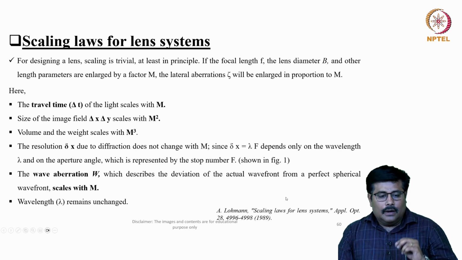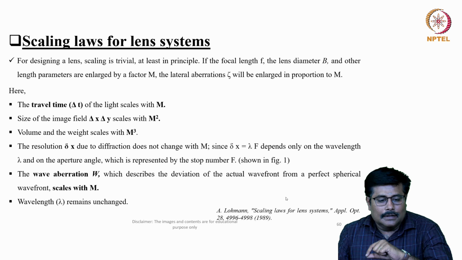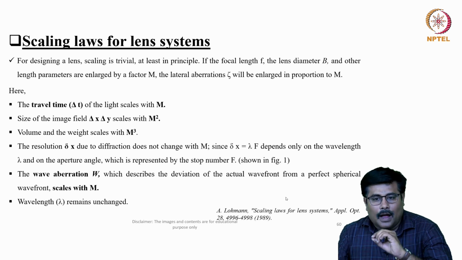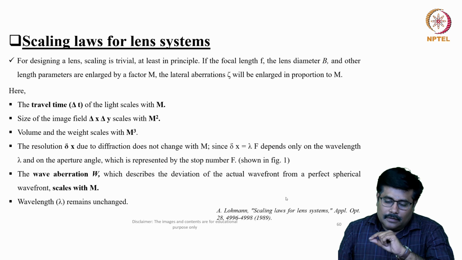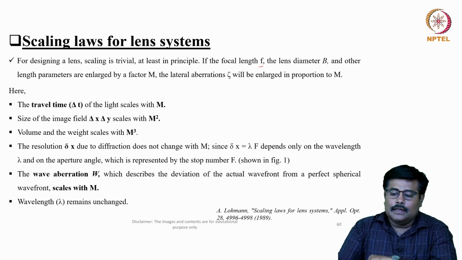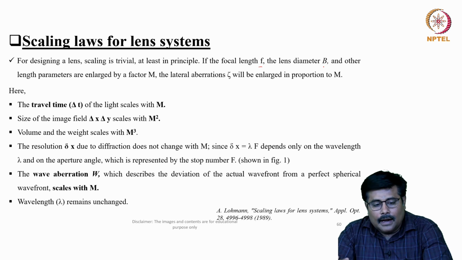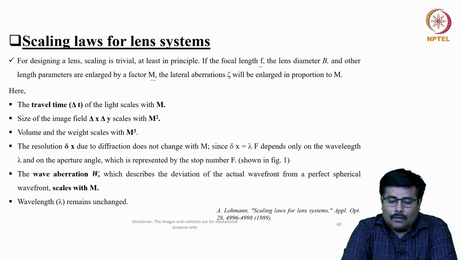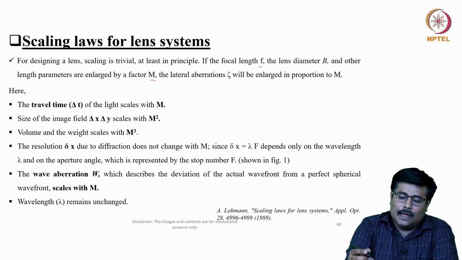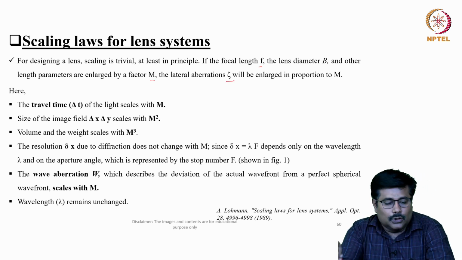Now, when we look into the scaling laws for a lens system, for designing a lens, scaling is trivial, at least in principle. If the focal length f, the lens diameter b and other length parameters are enlarged by a factor m, there is a parameter called lateral aberration, which will be enlarged in proportion to m.